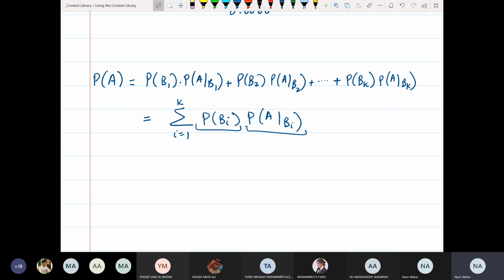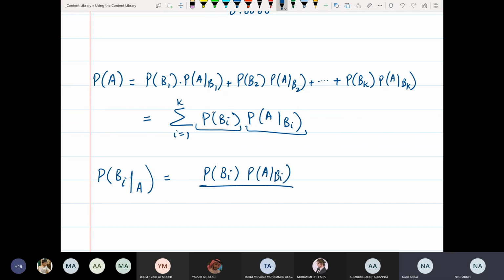And similarly, probability of BI, any I, whether it's B1 or B2, given A, like we found B2 given A, is equal to probability of BI into probability of A given BI divided by the total probability of A. This is called theorem of total probability. And this is called Bayes theorem.